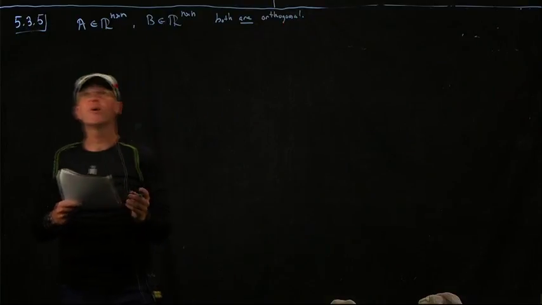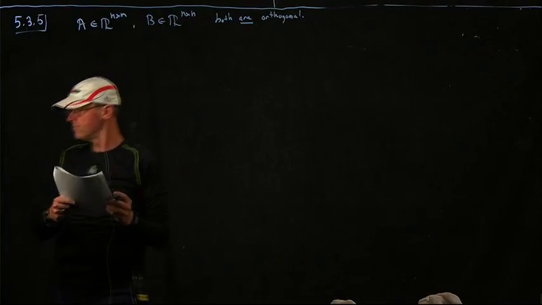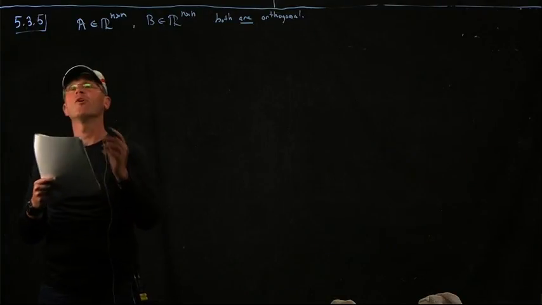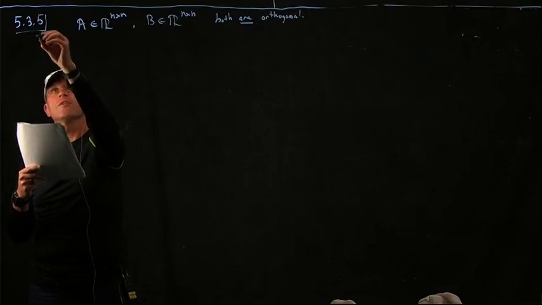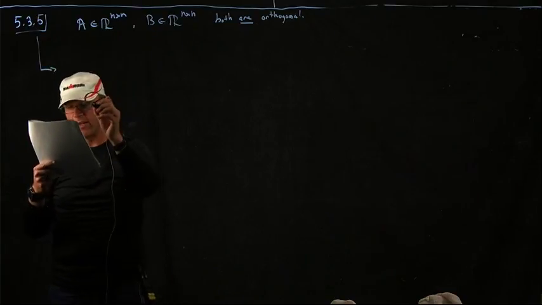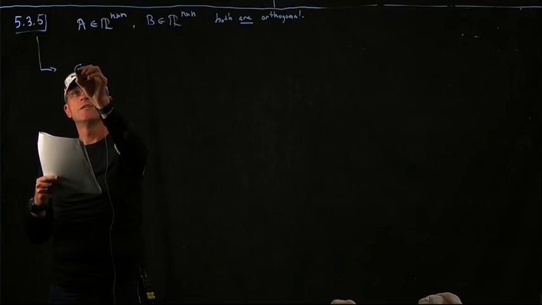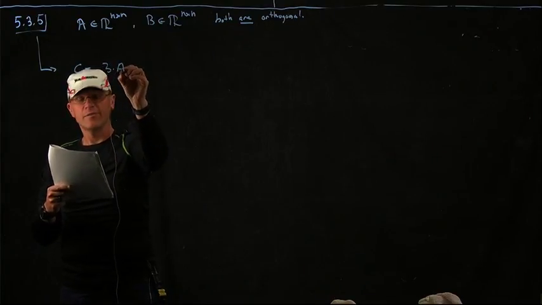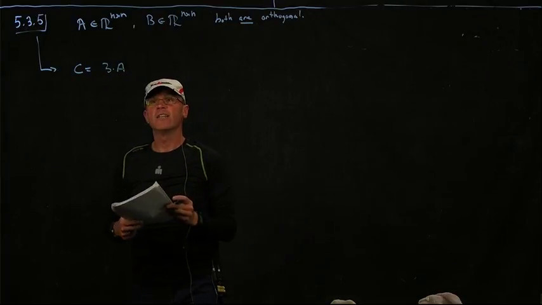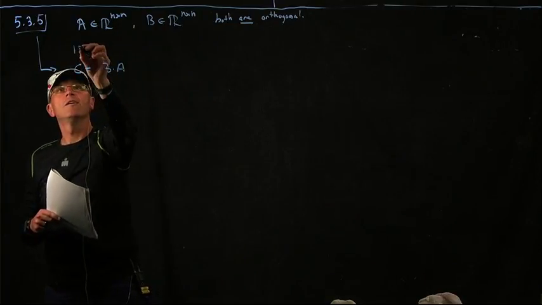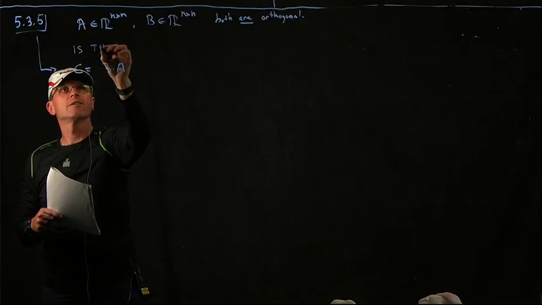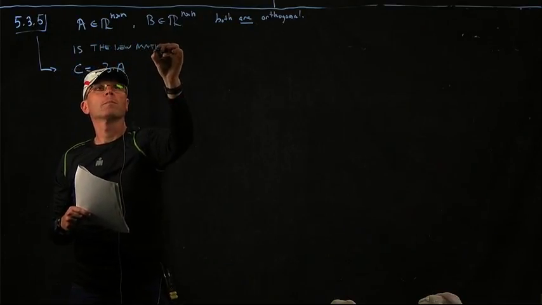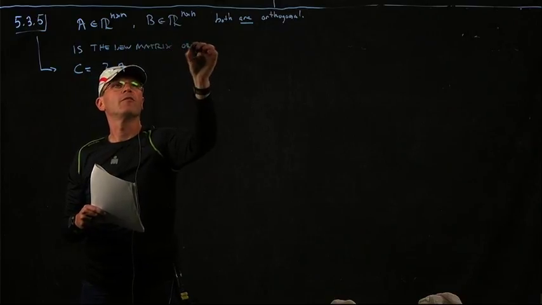So for part A, or part 5, we're forming the new matrix C, which is 3 times A, and the question is, is the new matrix orthogonal?